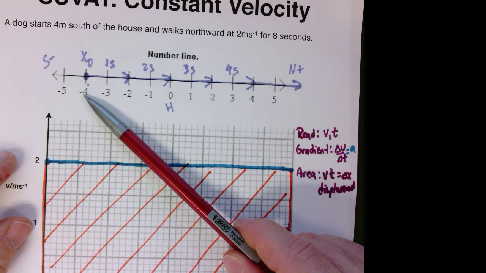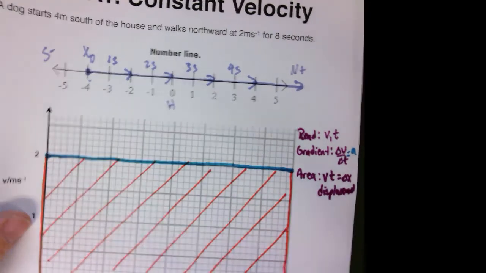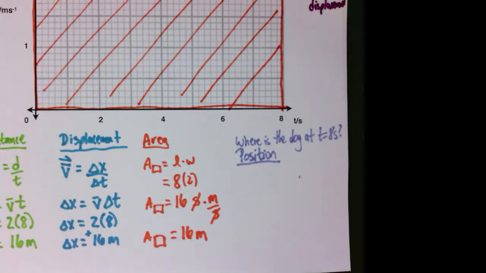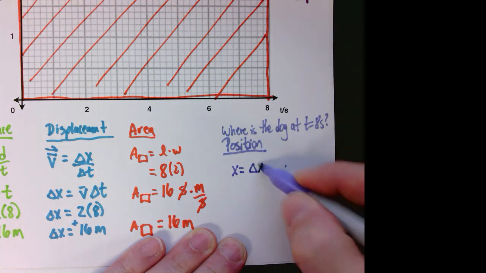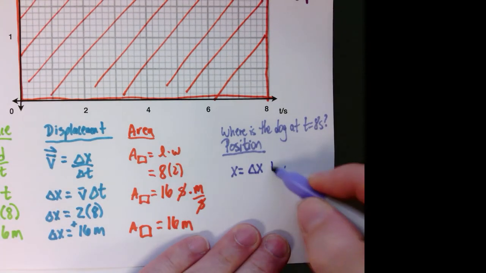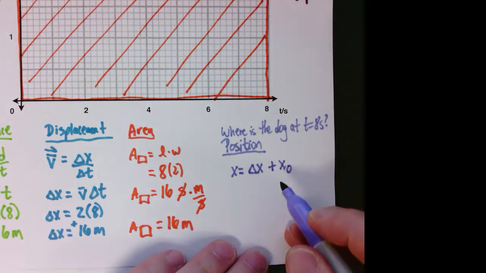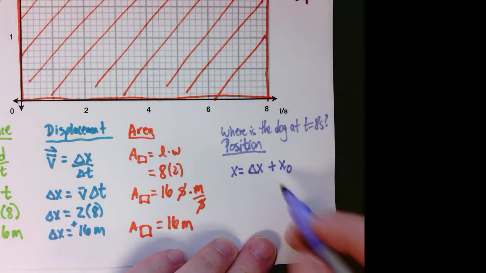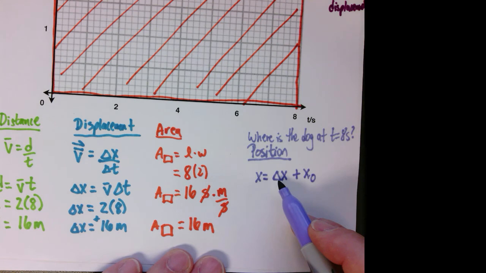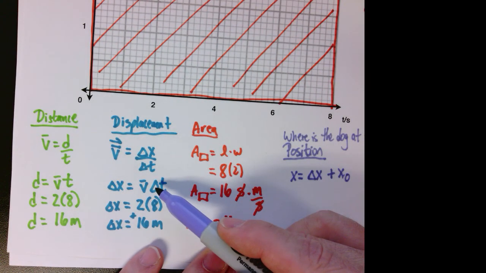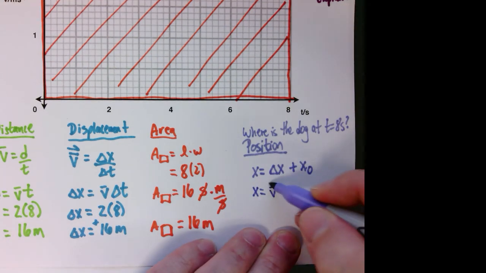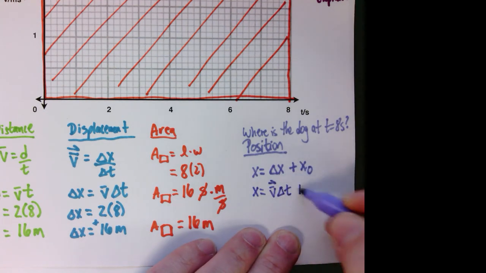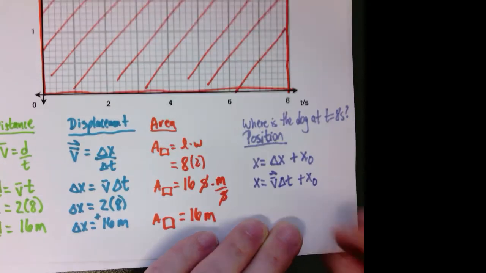So what we are doing in that case is taking the displacement and adding the initial position to find the overall position. In other words, the position is equal to the displacement, delta x, plus the initial position. And delta x, we saw before, is v delta t. So x equals v bar delta t plus x 0.